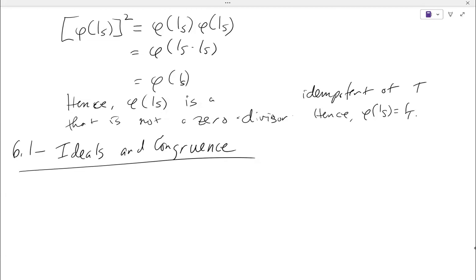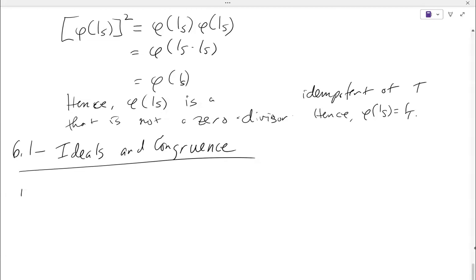Remember, subrings were closed under subtraction and closed under products of things within the subring, right? An ideal is even better than a subring. It's a subring that's got an extra property that it absorbs all multiplications into the ideal.